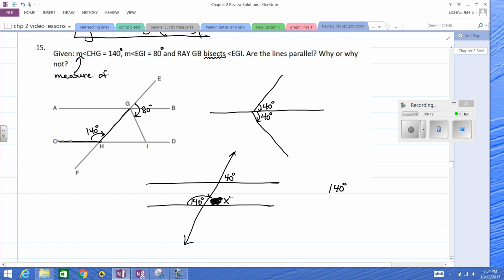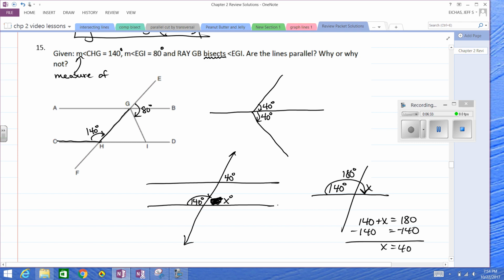Would you agree that if I focus just on that I have 180 degrees total? So what I really should do is, if this is x, I should really say 140 plus x equals 180, and then x is 40. Okay, that's a better move. Here's why. Okay, if that's 140, this is guaranteed to be 40. From our earlier work, we found that that was 40.